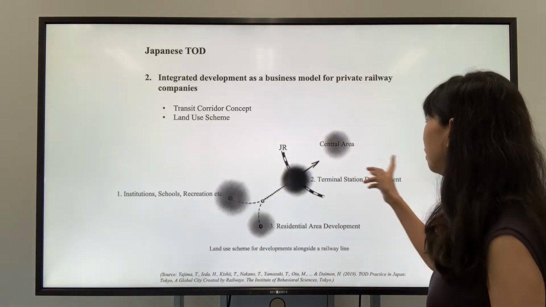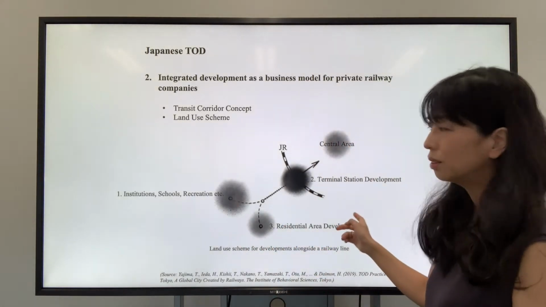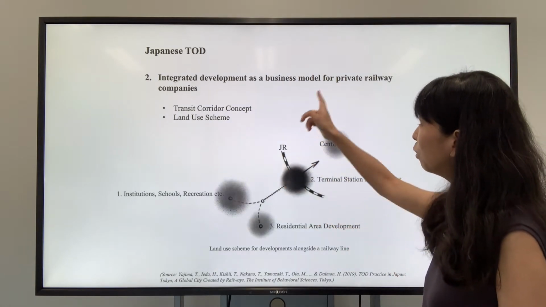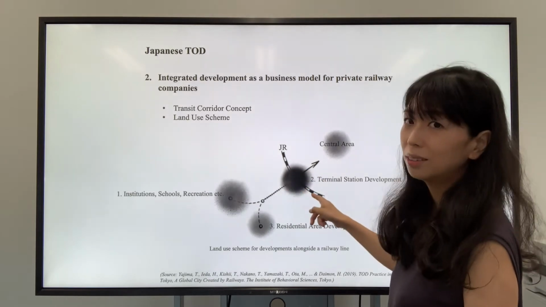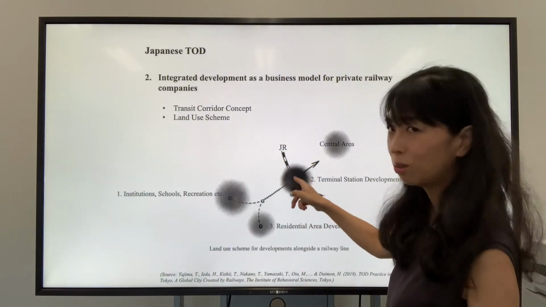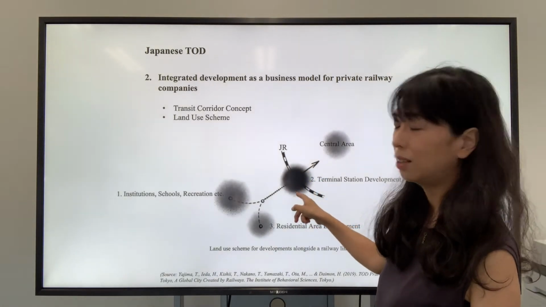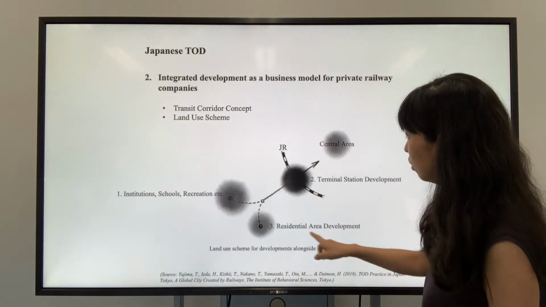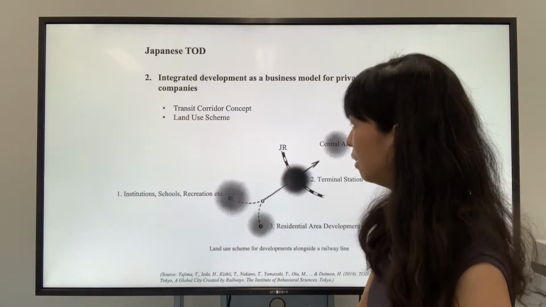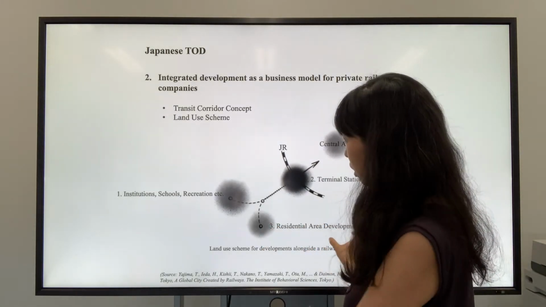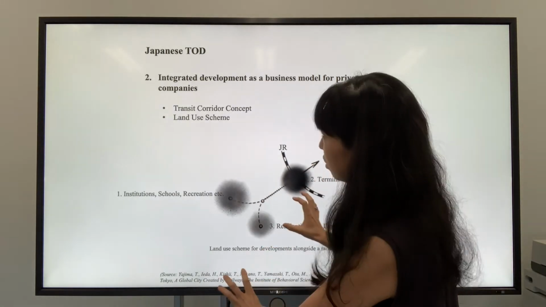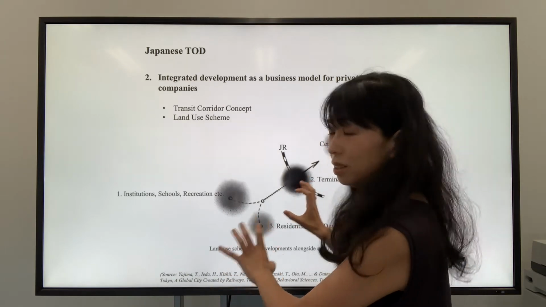And then also the terminal station development, because this railway company will be plugged onto the Yamanote line, so they will have something happening in the central area, which is here. And in the suburban area, it is essential to also develop the residential. So all of this as a package is actually the TOD.